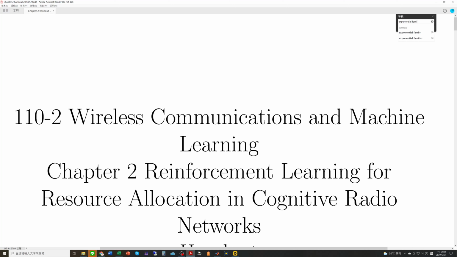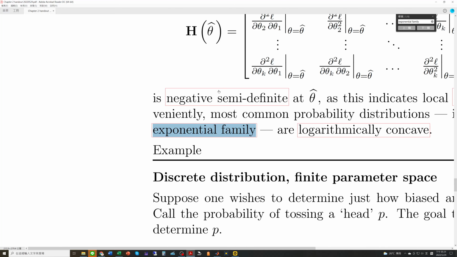Exponential family first appears in the solution, which is the same solution that negative semi-definite appears in. It is the solution to the problem, what is the maximum likelihood estimation.